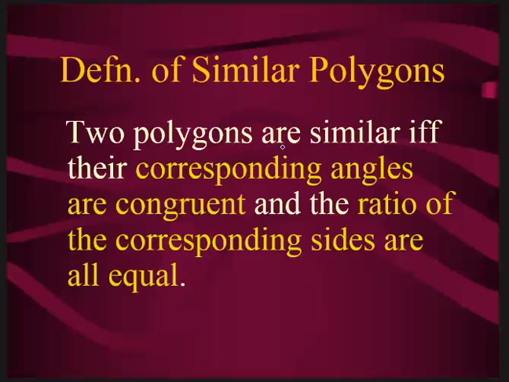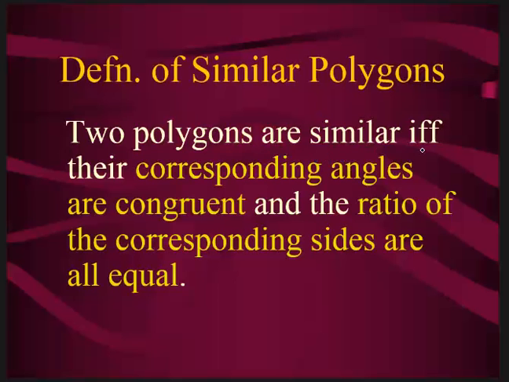Okay, so a formal definition of similar polygons would read like this. Two polygons are similar iff. This if with two F's, that's not misspelled. That's there on purpose. It means if and only if, meaning these are the only conditions that will create two similar polygons.